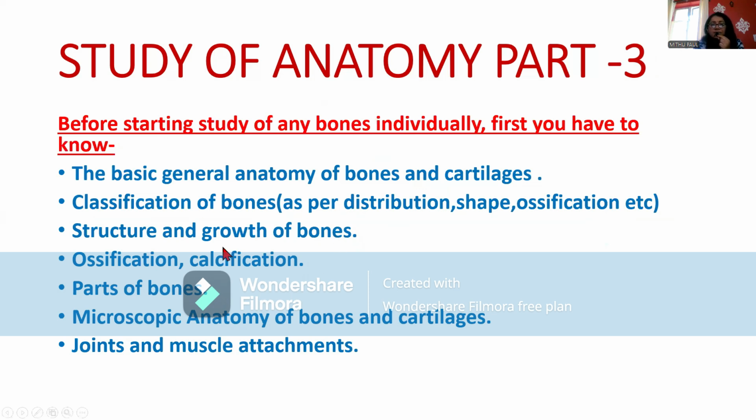But these are the prime things that you have to learn while studying the skeletal system: the basic general anatomy of bones and cartilages, classification of bone as per their shape, ossification and distribution, structure and growth of bones, ossification and calcification mechanism, parts of a growing long bone, microscopic anatomy of bones and cartilages, because you will see it in your histology classes, and joints and muscle attachments as per regions, as we will see on the dissection table while dissecting the cadavers.